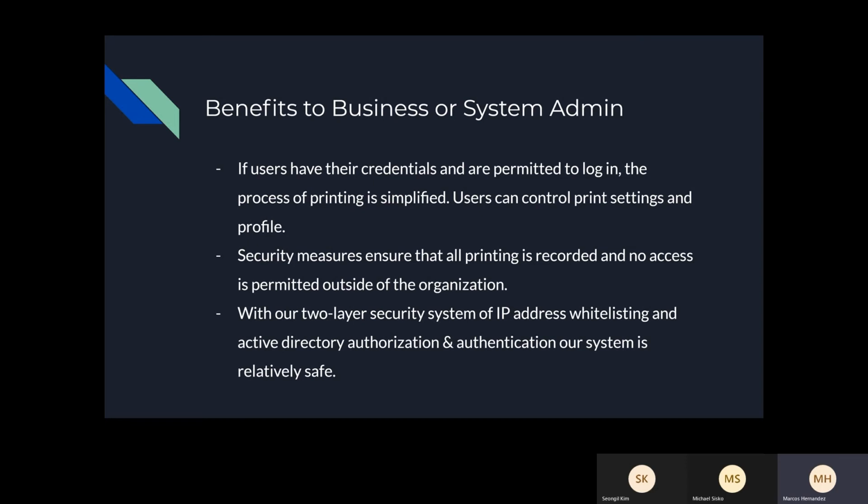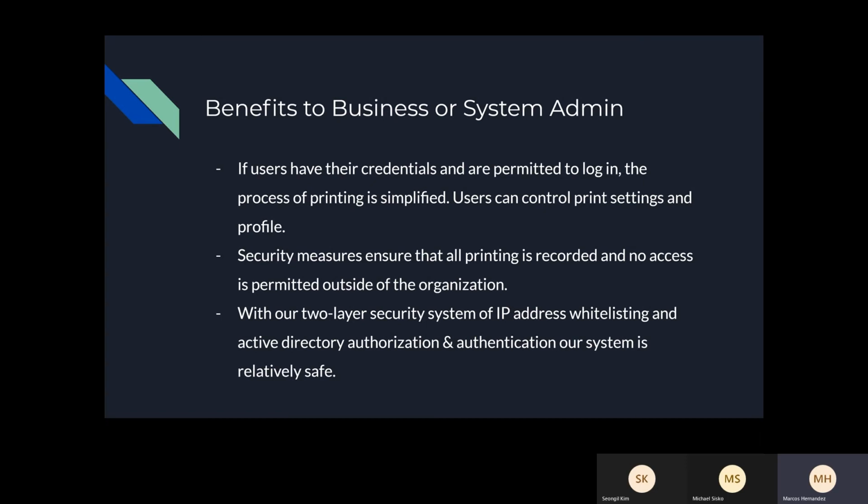For the web print, security is beneficial because it ensures that all printing is recorded and no access is permitted outside of the organization. No one from other locations or a random person can access the web print. Only the users from a specified directory or a specified organization can use it. With a two-layer security system of IP address whitelisting and Active Directory, authorization and authentication in our system is relatively safe.